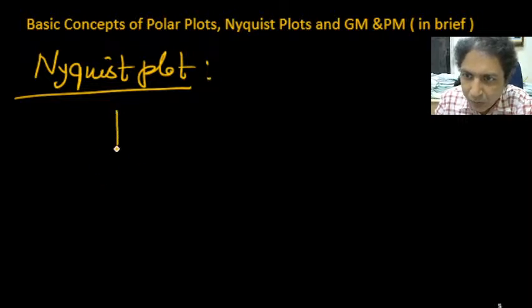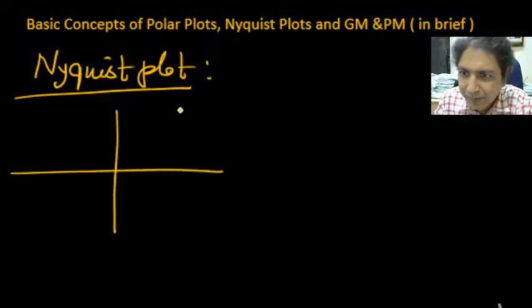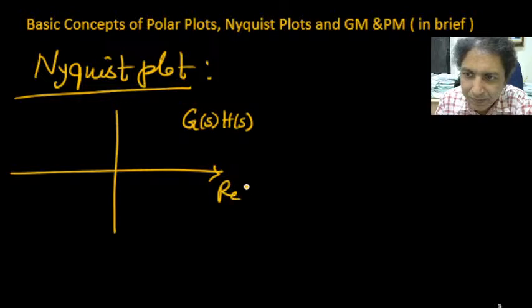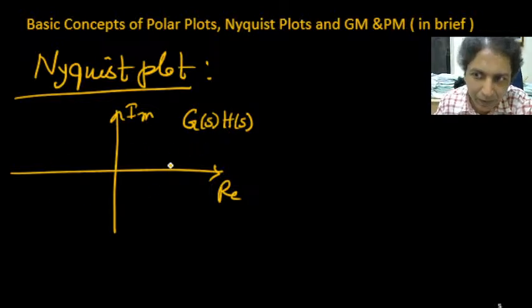First, you will consider the G(s)H(s) plane, its real axis, its imaginary axis. Here you will put all the poles and zeros on this plane.